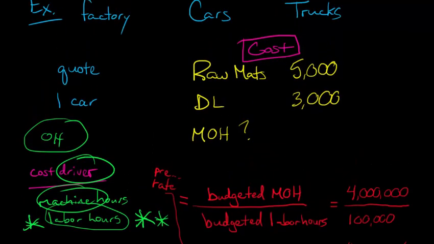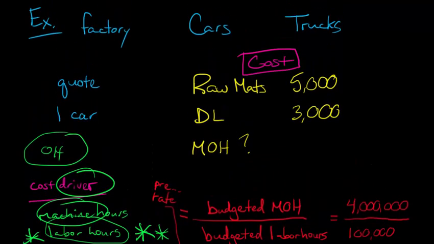Okay? So let's say that the $3,000 of direct labor was based on 100 labor hours. So people worked for 100 hours to build this car. We have no idea if that's a good estimate or not, but that's what we're going to use.